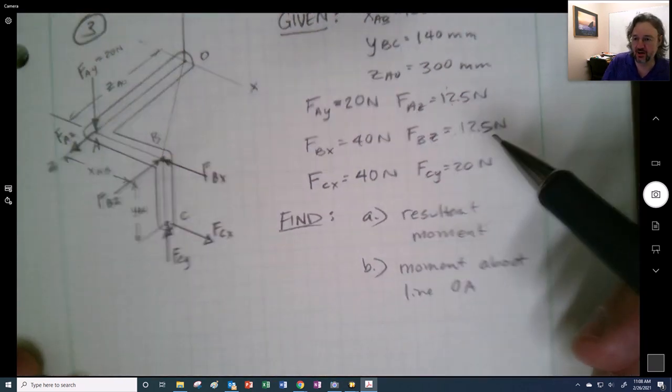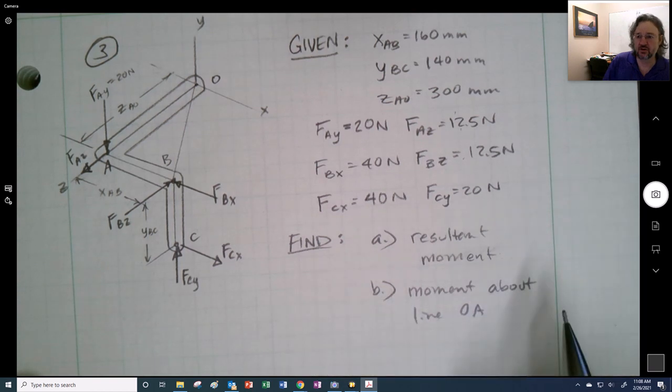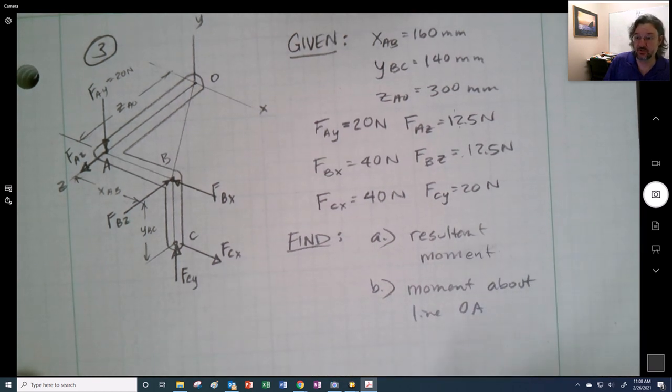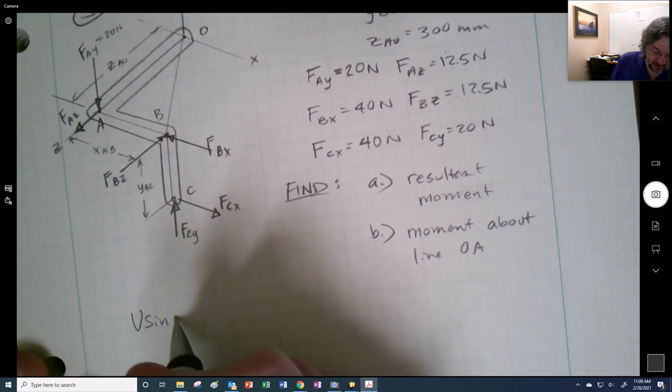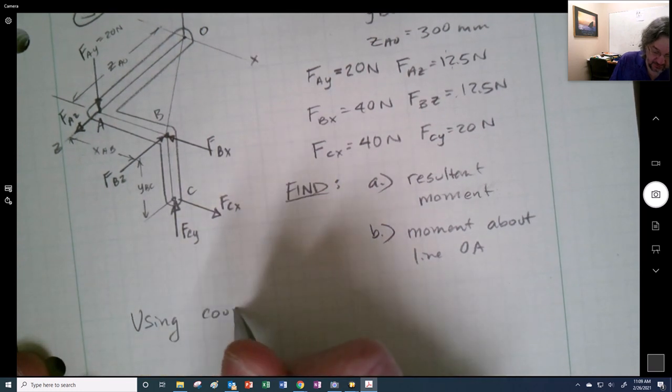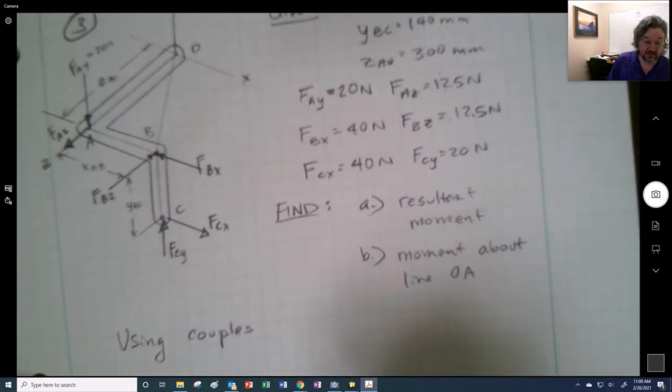I would like to know what the author's intent was and how they would want you to solve this. But I'm just going to go ahead and solve it using couples because that was the topic of today. So I'm just going to say using couples because we happen to know that they exist.